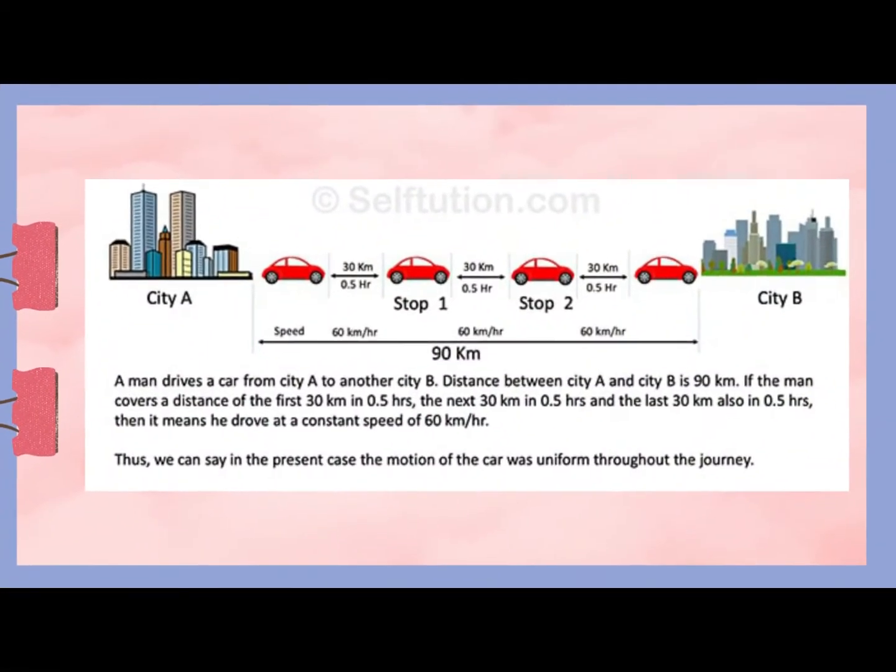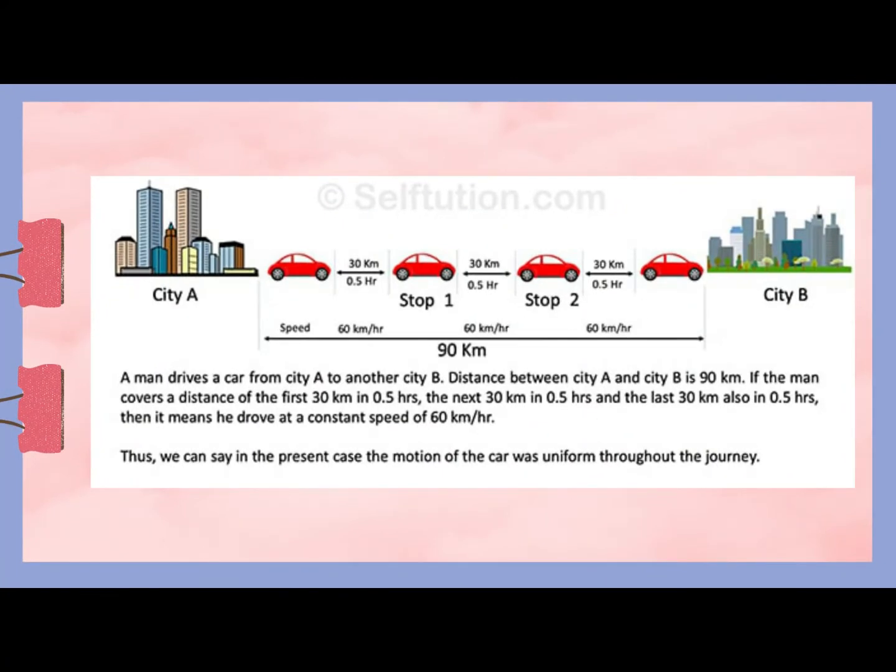This is the example. A man drives a car from city A to another city B. The distance between city A and city B is 90 kilometers. If the man covers the first 30 kilometers in half an hour, the next 30 kilometers in half an hour, and the last 30 kilometers also in half an hour, then it means he drove at a constant speed of 60 km per hour.